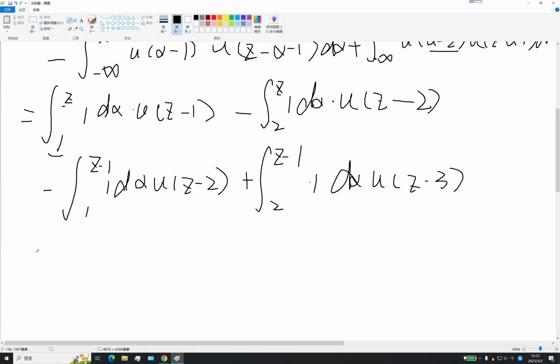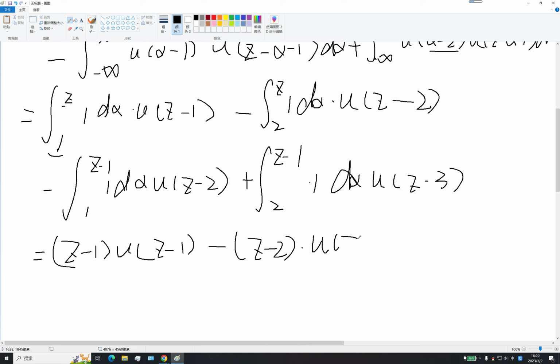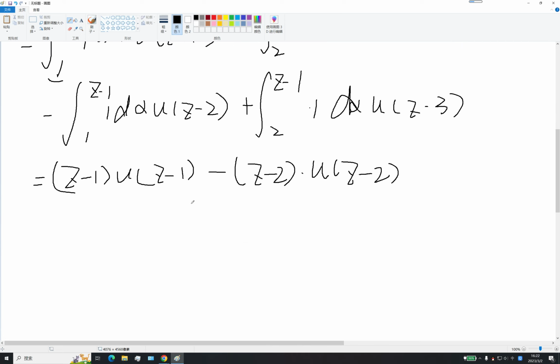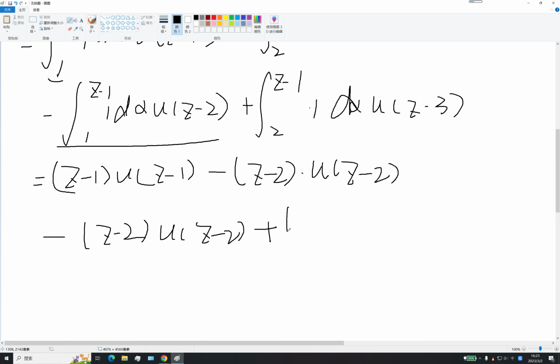From this we can get, the first part is (z minus 1) u(z minus 1), the second part is (z minus 2) u(z minus 2), the third part is (z minus 2) u(z minus 2), and the fourth part is (z minus 3) u(z minus 3).